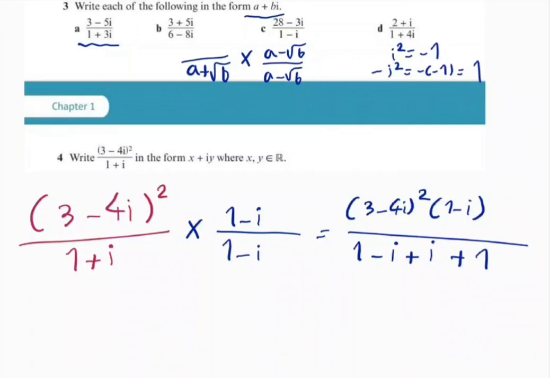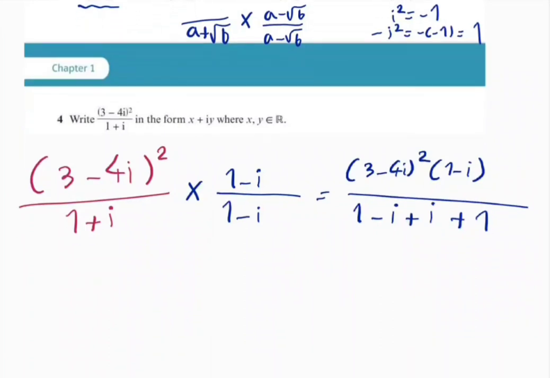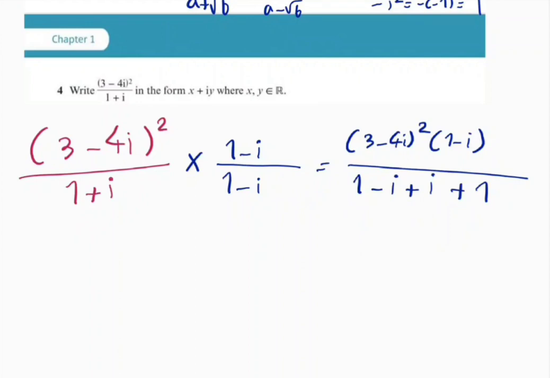Okay, so let's now expand the brackets in the numerator. It's better to write 3 minus 4i times 3 minus 4i.